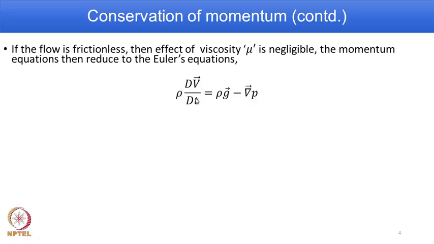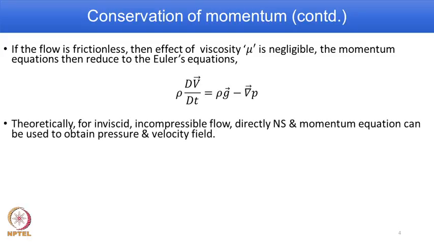The left hand side remains the same, the total derivative d by dt of the velocity. One term is removed because the viscous effect is not considered. The external force term and the pressure term remain the same. This equation was derived by the scientist Euler, hence the name Euler equation.